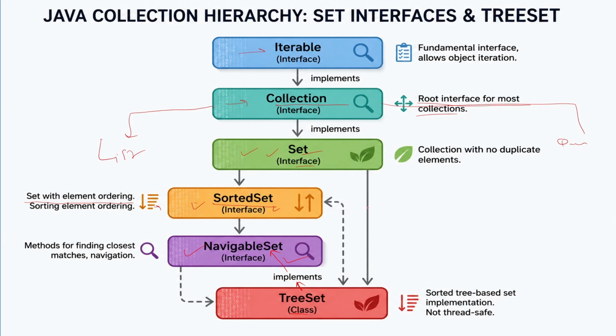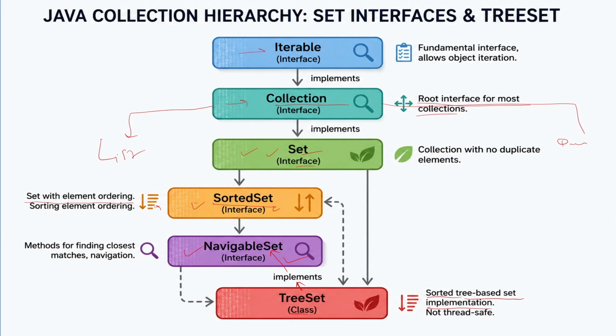So TreeSet is the implementation class of Set. It is a sorted, tree-based Set implementation. TreeSet implements the NavigableSet interface, which extends SortedSet.